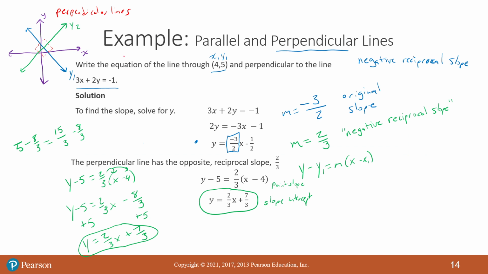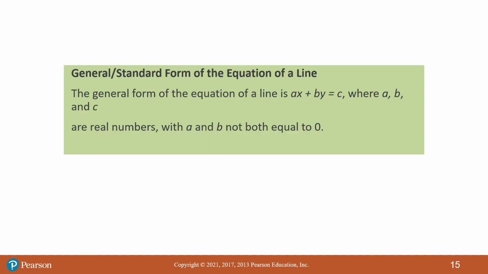So in this previous question, the form they gave it to you in, right here when we started, this is the general form of the equation of the line. Like I said, a lot of times we'll give it to you in general form and make you solve it to slope-intercept, just like we did here. Then you can work with it a little bit better in slope-intercept form and find other stuff like parallel and perpendicular lines or points.